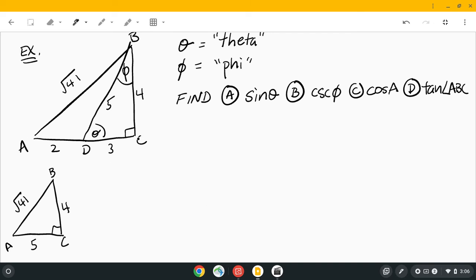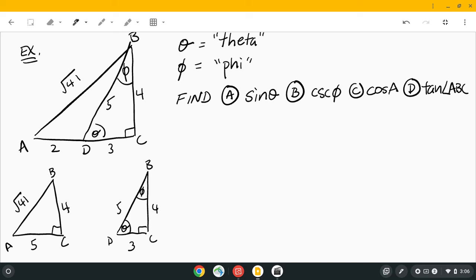Then we have this smaller one, also a right triangle. Let me draw that. This is theta, this is phi, this is 3, 4, 5, and this is D, C, and B.